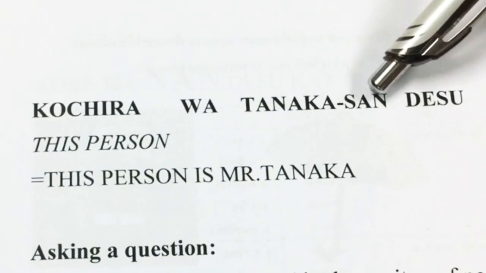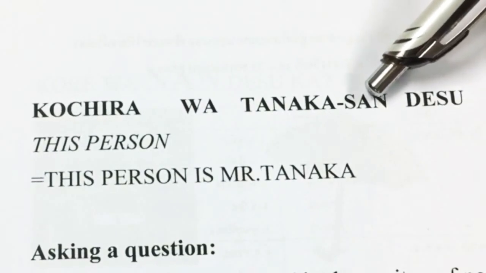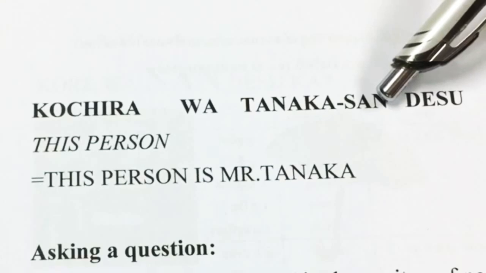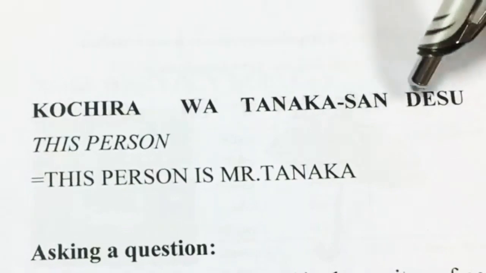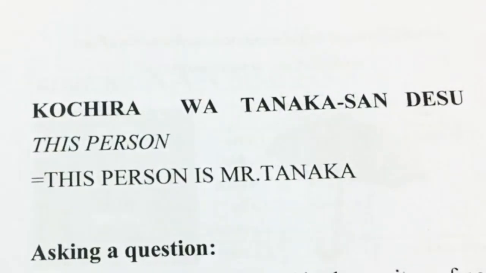Be aware not to call yourself with "san." You are not going to call yourself Mr. John. You just simply say I am John, not Mr. John. So this "san" is used to call other people's names. こちらは田中さんです。This person is Mr. Tanaka.